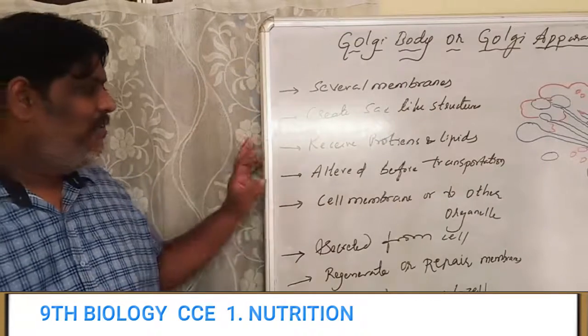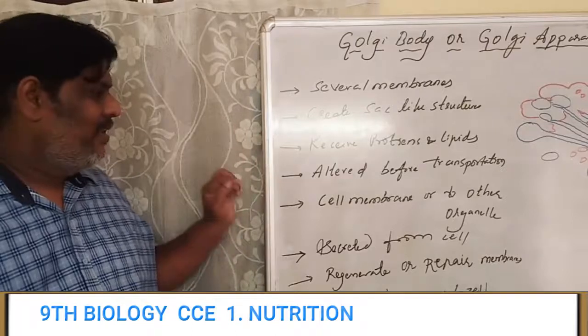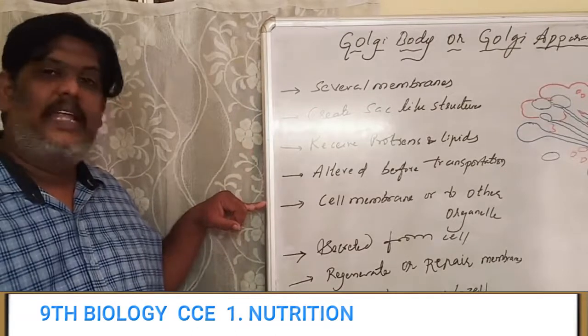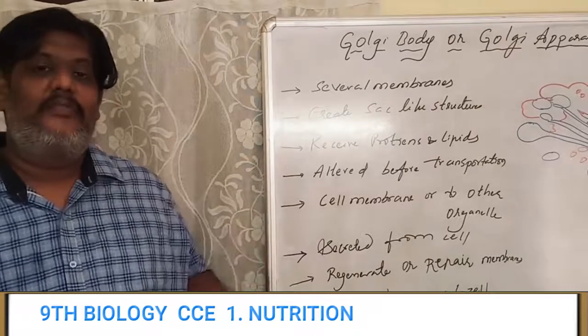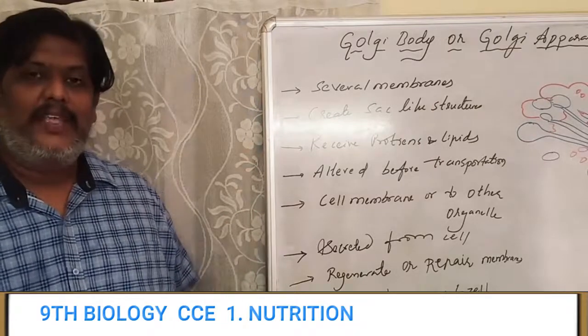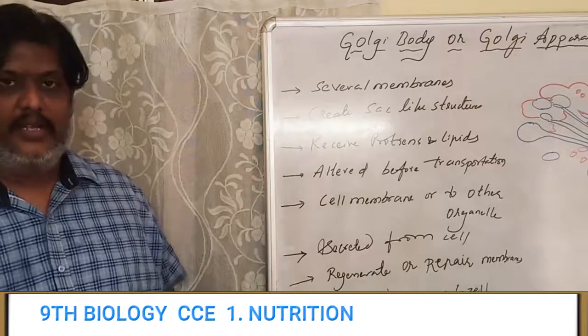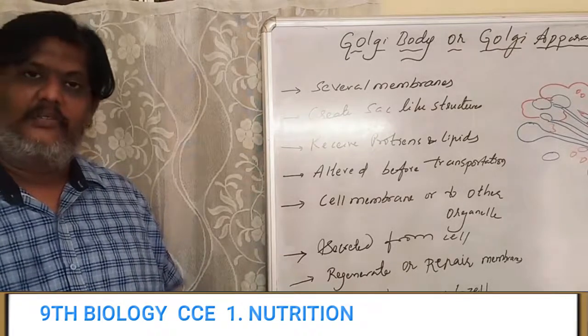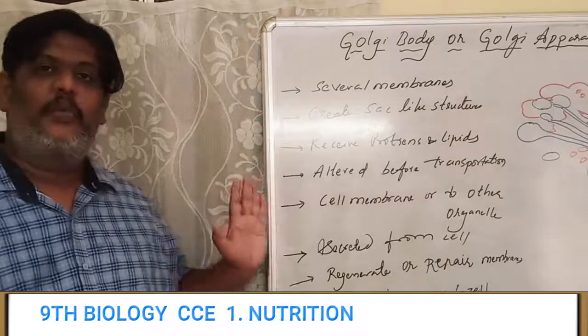After they are packed, they will be sent to the cell membrane, or they will be sent to the other organelle where these proteins and lipids are required. The cell will be continuously functioning. It requires proteins or fats for some purposes. So they should be transported to those places.